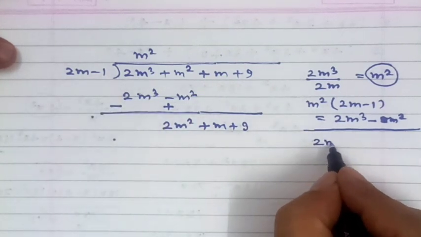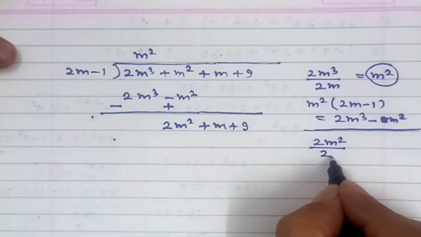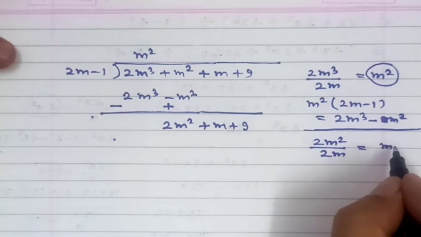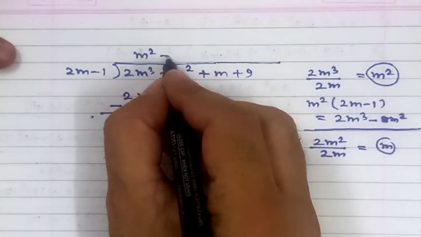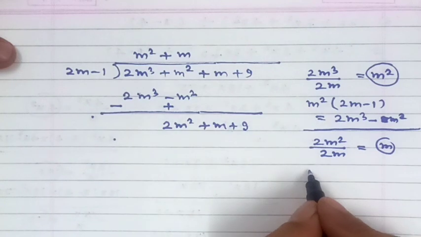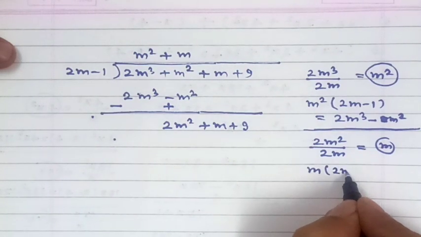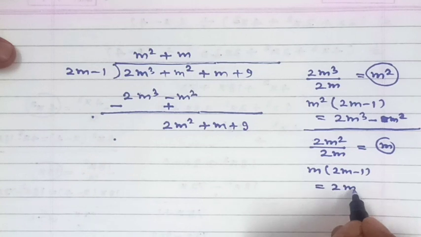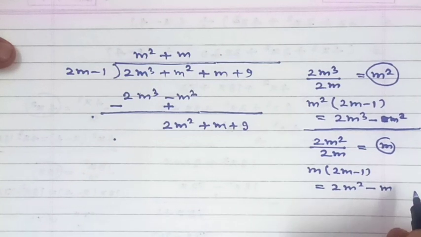So just write 2m square and divide by 2m. You will get single m. So write here plus m. Multiply m to 2m minus 1. You will get 2m square minus m.